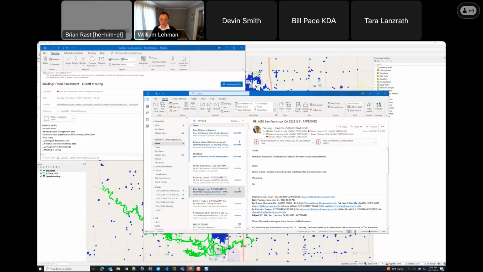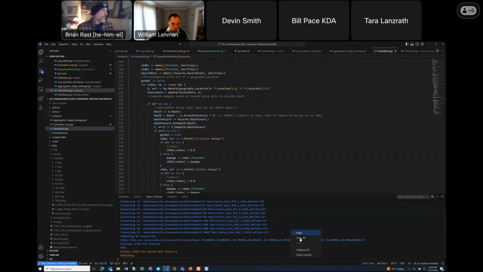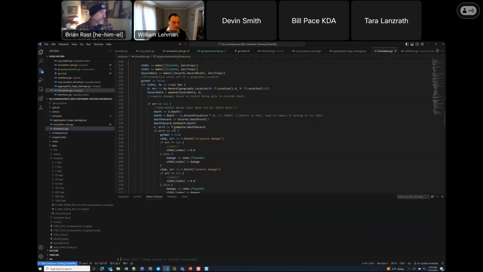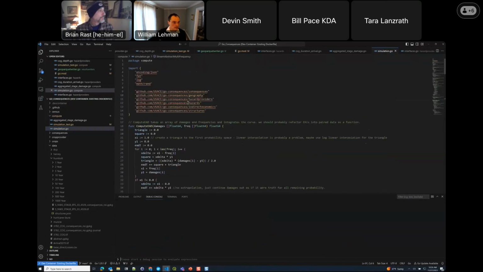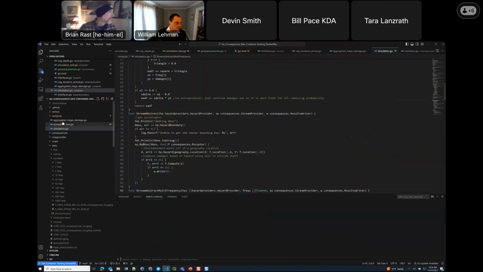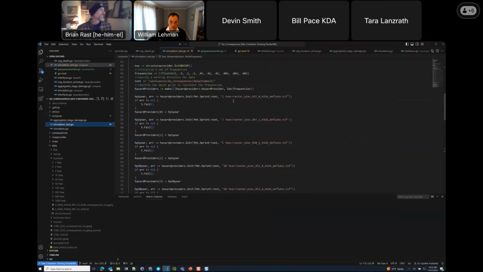I was trying to rush, so sorry for going so fast, but I want to do one last thing, and I'll show you real quick. Here's Go Consequences. Here are the depth grids for Humboldt County.